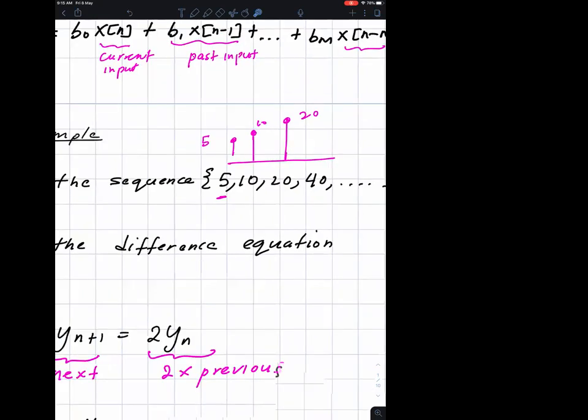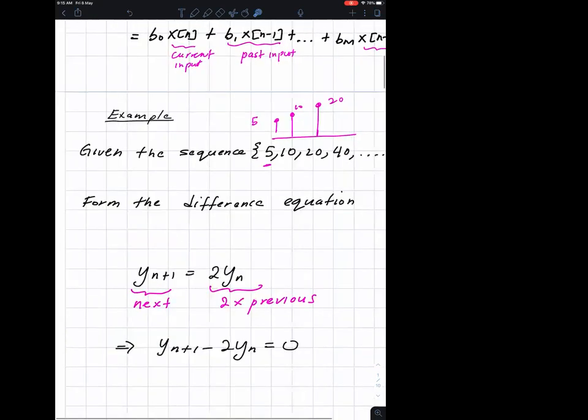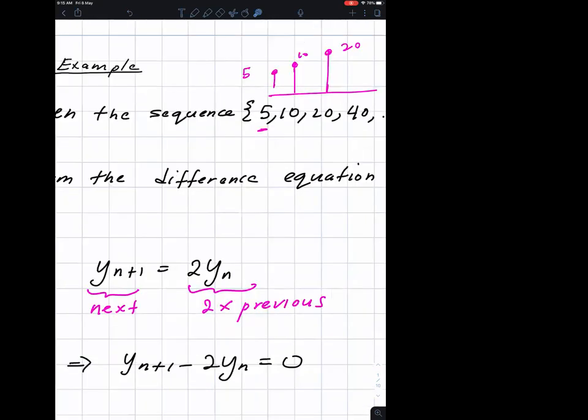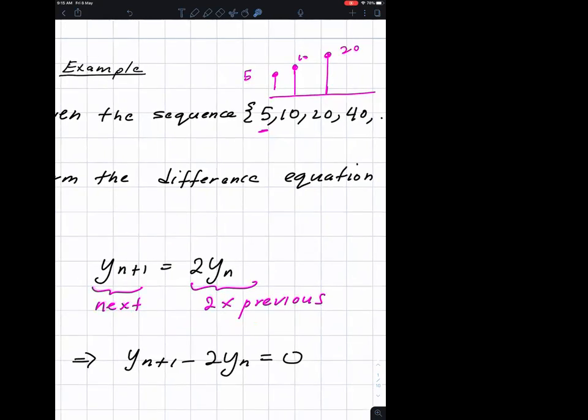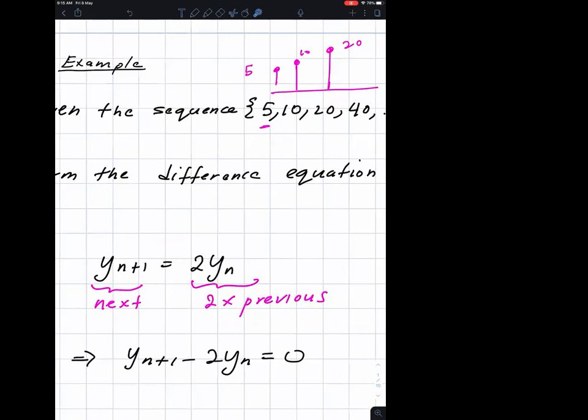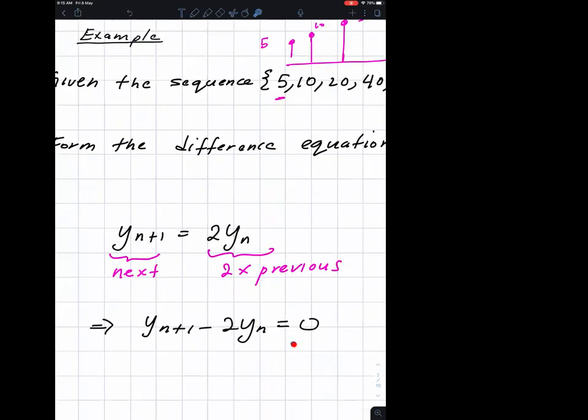So the equation says the next value, y subscript n plus 1, is going to be 2 times the previous value. So you can write a difference equation for that, just to give you some idea physically what it means. Now we can bring this over here, and y[n+1] minus 2y[n] is equal to 0. So this is a simple difference equation.